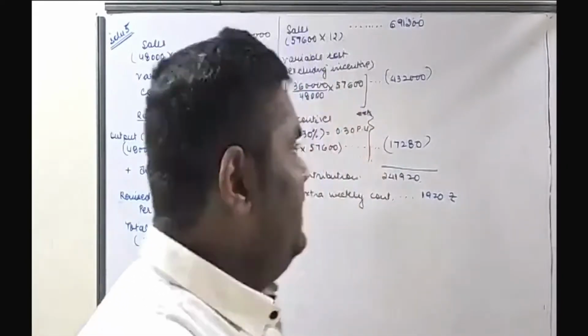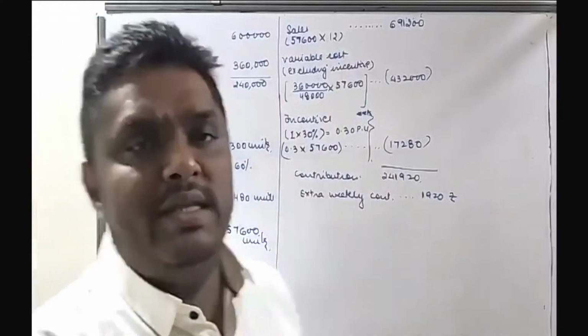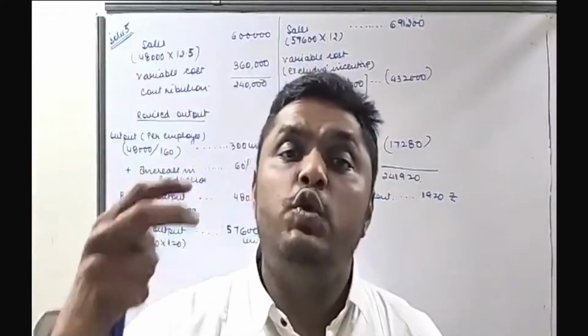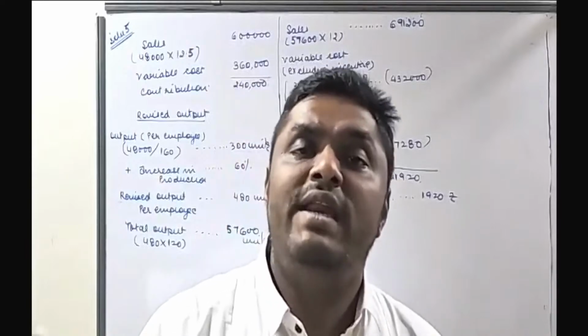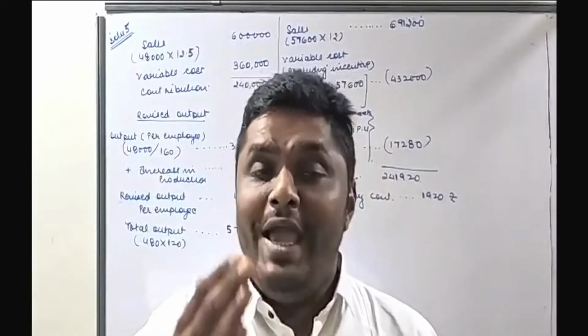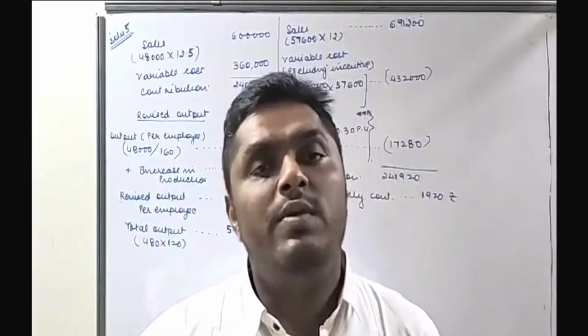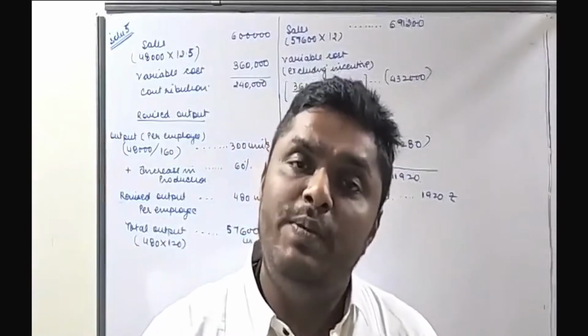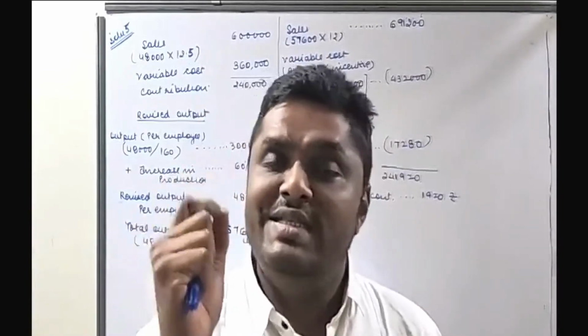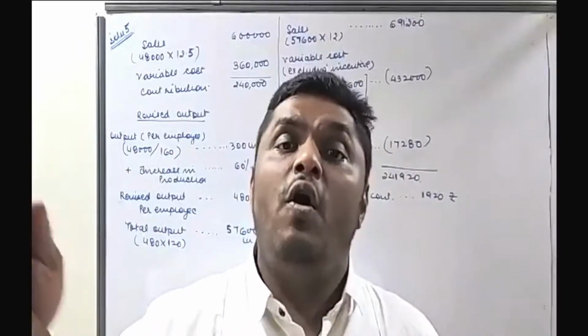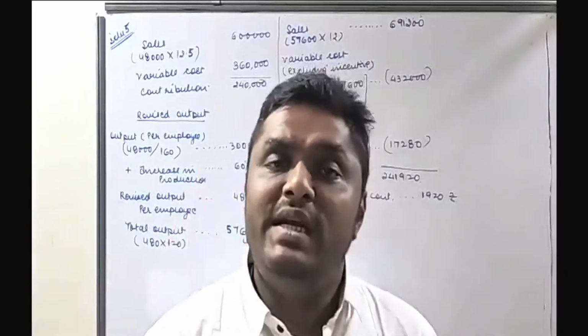See, Swati, I repeat again. When talking about the incentive, they are saying that for every 2% increase in average individual output, they will be giving an incentive of 1%. So average individual output is increased by how much? 60%. So for every 2%, 1%. So for 60%, how much will it be? 30%. So the incentive is 30% of what? Of the piece rate. And the piece rate is how much?